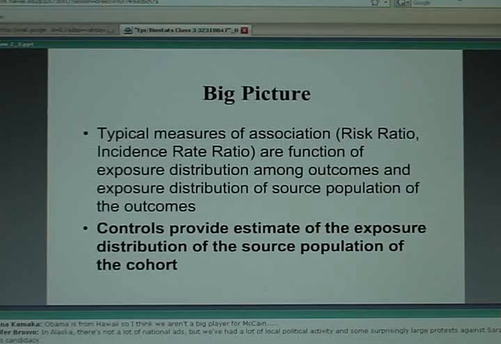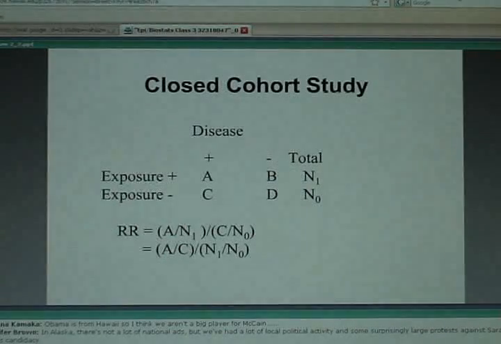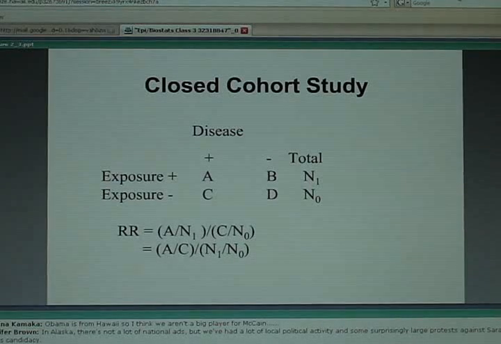Because this is a display that you might see when you have a cohort study. You have two groups of people, say those exposed to a spam diet, the exposure positive people. And the non-exposed people would be those exposed to a non-spam diet. And what you'd be doing, for example, is you might have N1 people who are eating spam.